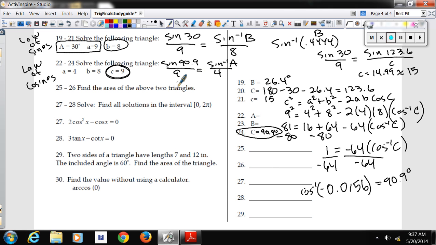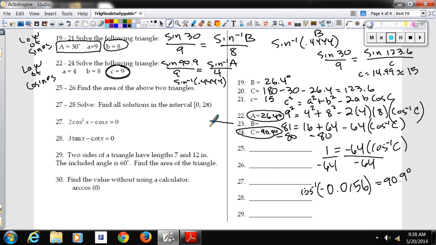Multiply and divide, so I'm going to do the sine of 90.9 times 4, and I'm going to divide that by the 9. And you're going to get the same thing we had before, 0.4444 again, which we had right up here. So you're going to get the same angle, 26.4 degrees for A.